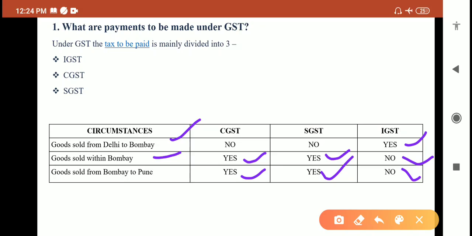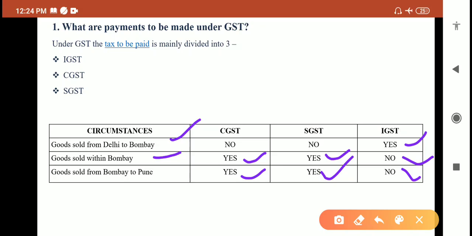See, we already know that under GST, CGST is a tax levied on intrastate supplies, within the state, of both goods and services. It is levied by the central government, and CGST will be governed by the CGST Act.